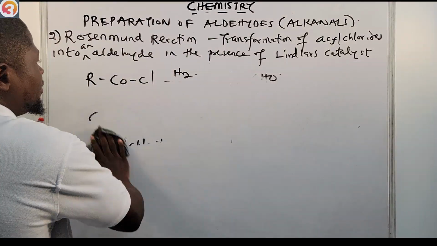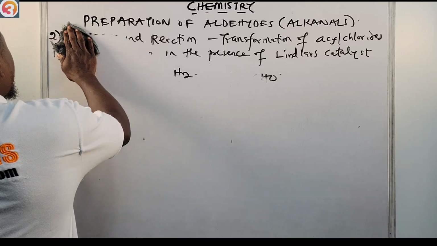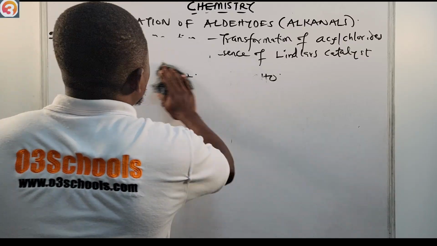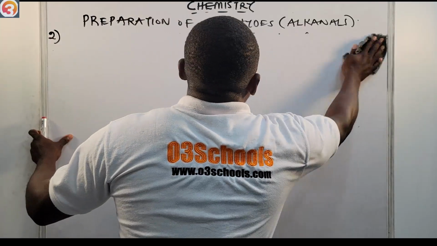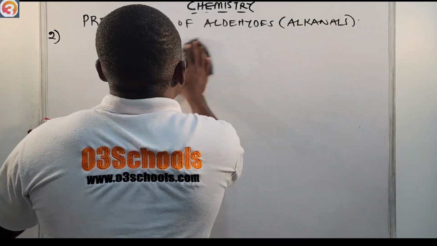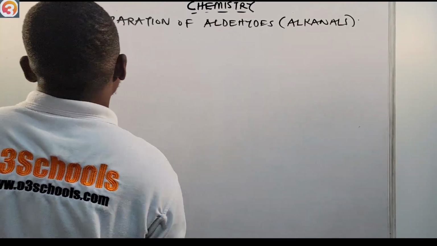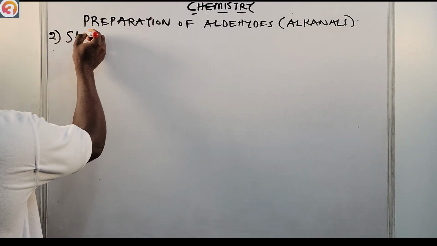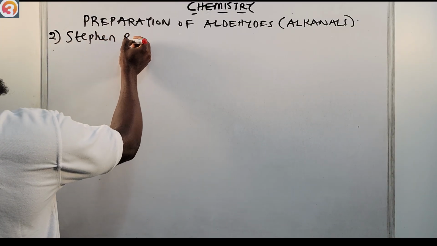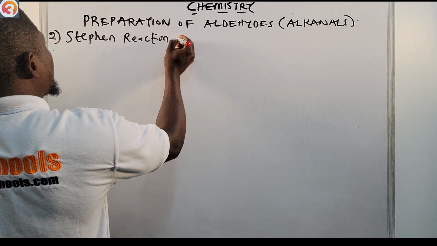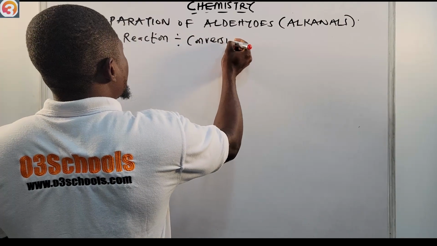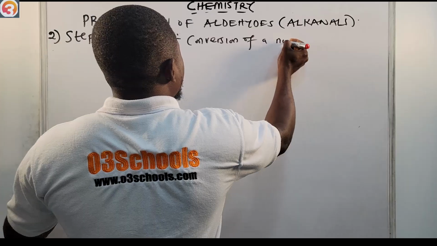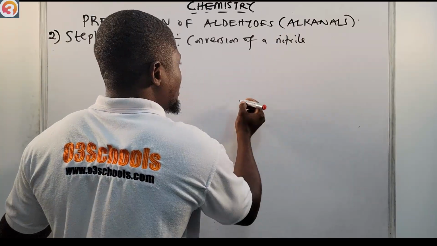This one is called the Stephen reaction. This one is the conversion of a nitrile into an aldehyde. Number 2, Stephen reaction: conversion of a nitrile into the corresponding aldehyde. We know what a nitrile is, right?